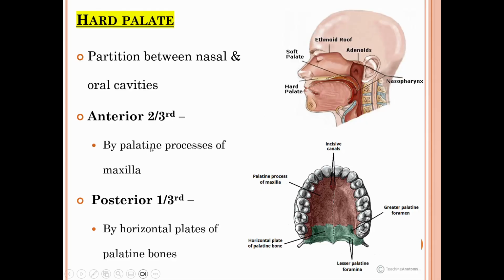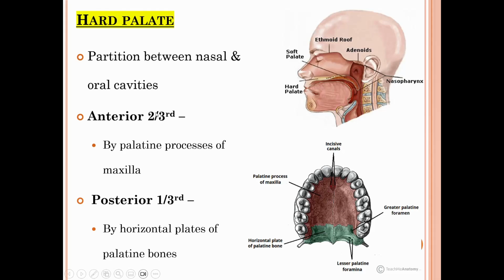So in the hard palate, the anterior 2/3, what you are seeing, this maroon or brown color, is formed by the palatine process of the maxilla. Okay, you can see here the maxilla. If you read about the individual maxilla bone, there will be the alveolar process where the tooth sockets will be there. There will be the palatine process which is contributing to the hard palate.